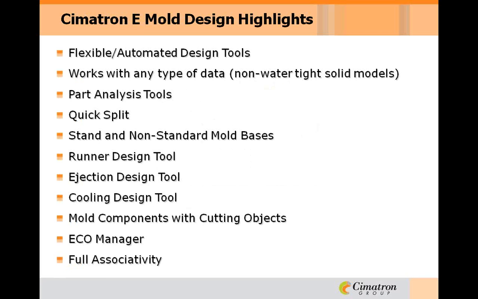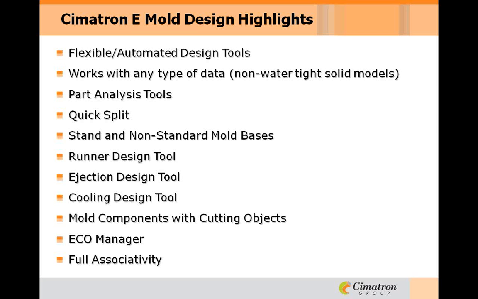Some of the highlights that we'll be going over: our process is totally flexible and automated. We can work with any type of data, which is a very strong point, whether it's IGES or SAT, STEP, any of the standard formats, along with the direct formats. We have some part analysis tools. You'll see quick split.